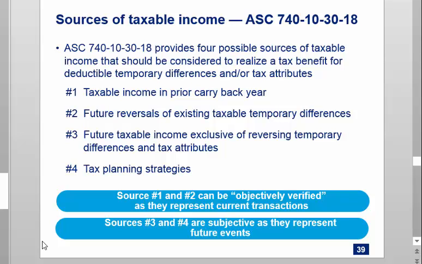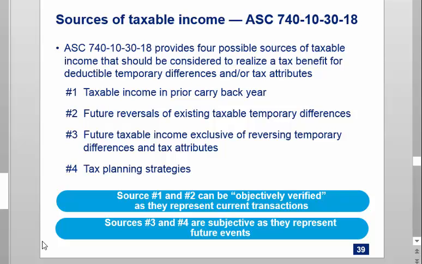We generated a credit, we didn't need it, we're going to carry it over to a future year. Let's say we were just break even and we had a $100 credit. So then we can use that credit in one of 4 ways. And if we can't figure out how to use it in one of these 4 ways, then we need a valuation allowance.